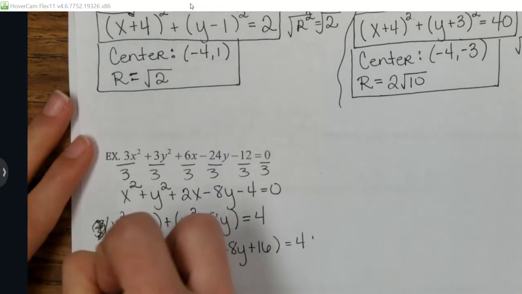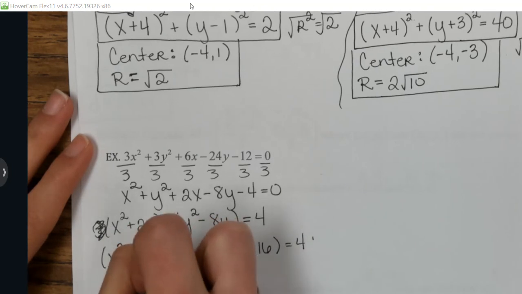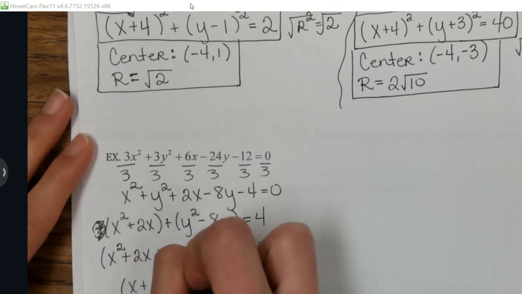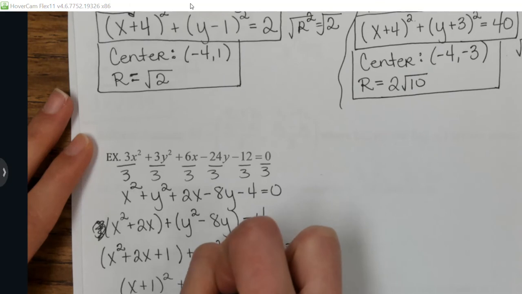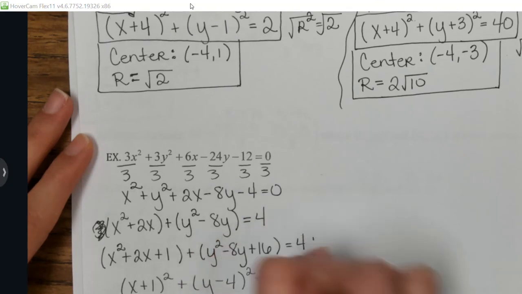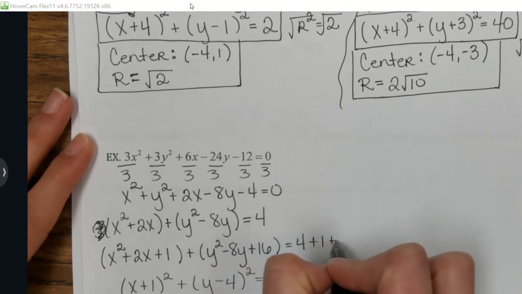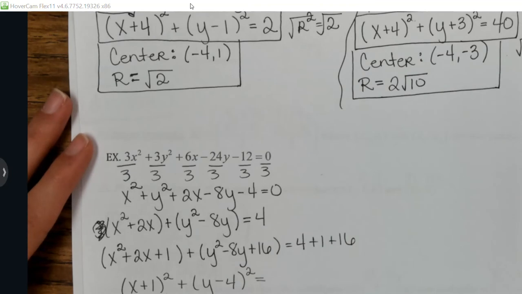Okay, that gives me x plus 1 squared plus y minus 4 squared equals what?